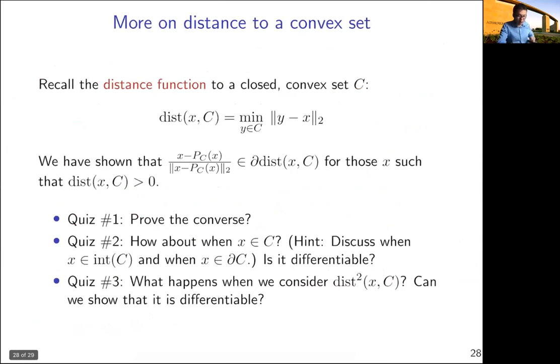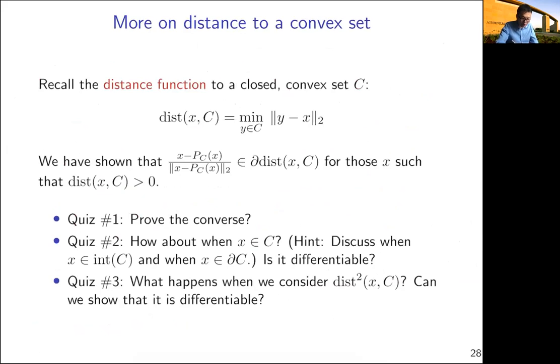Okay, so just now we've shown one subgradient of the distance to convex set function at any location that's outside the convex set. I'm leaving a few open questions for this particular function of interest, so it's useful to work with.